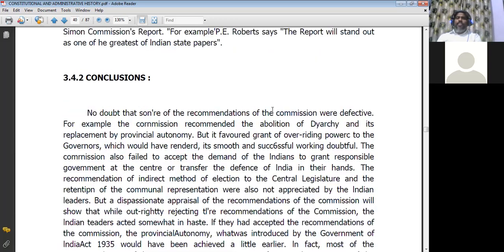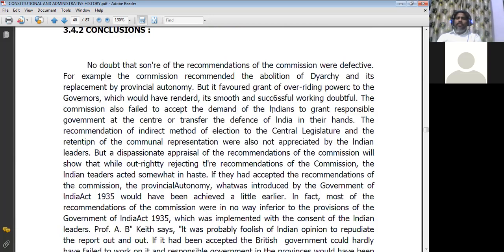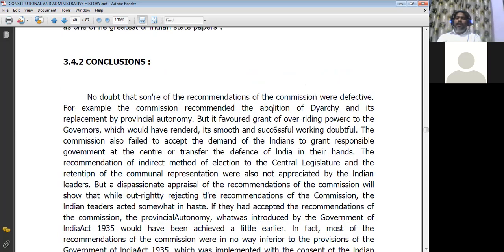So finally, no doubt these recommendations of the commission were defective. The commission recommended the abolition of diarchy and its replacement by provincial autonomy, but it favored a grant of overriding powers to the governors, which made its smooth and successful working doubtful. The commission also failed to accept the demand of the Indians to grant responsible government at the center or transfer the defense of India into their hands.